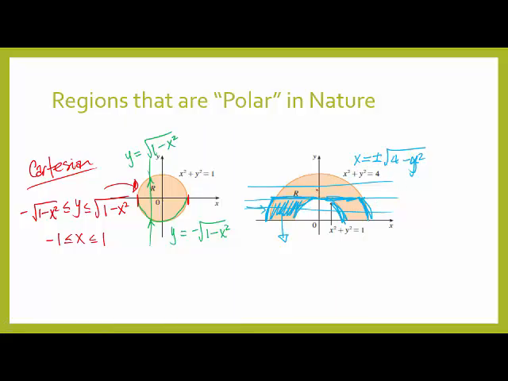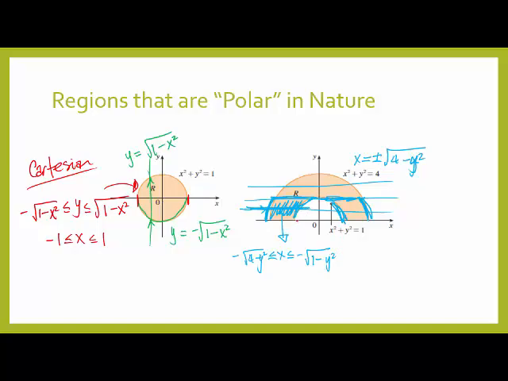In any case, if I were doing this, I would have to split the first one up into two different regions. With respect to x first, I would enter through this region, negative square root of 4 minus y squared, and then exit through this region, which is negative square root of 1 minus y squared.